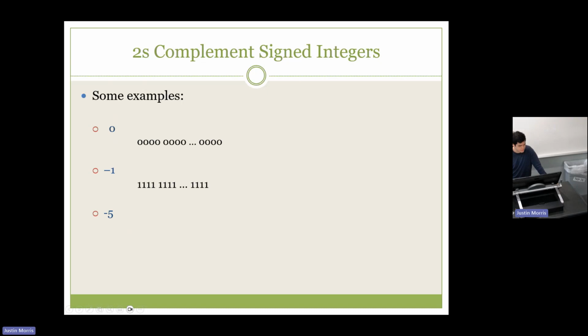So -5. This one's a little tricky, right? So 5 is 0 1 0 1.